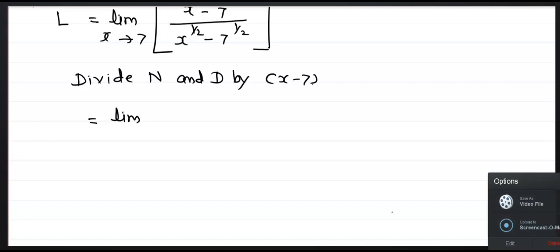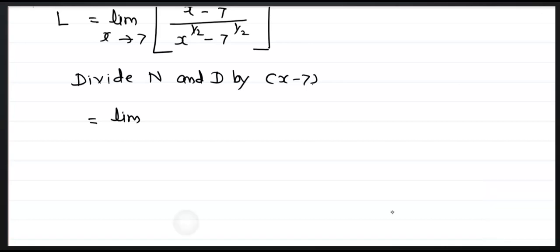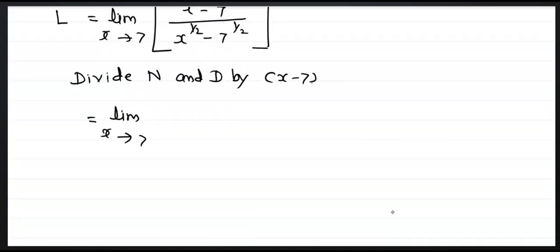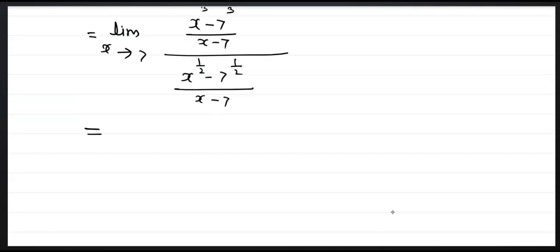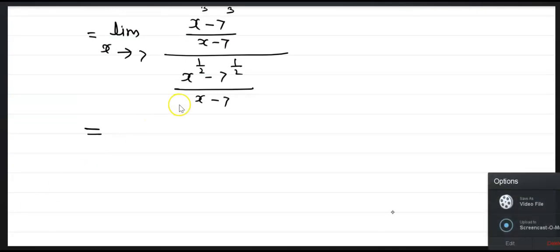Therefore divide numerator and denominator by x minus 7. Therefore limit x tends to 7, x raised to 3 minus 7 raised to 3 upon x minus 7, upon x raised to 1 upon 2 minus 7 raised to 1 upon 2 upon x minus 7.